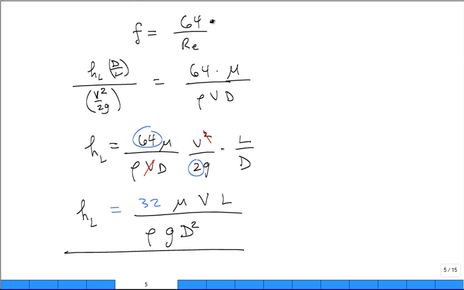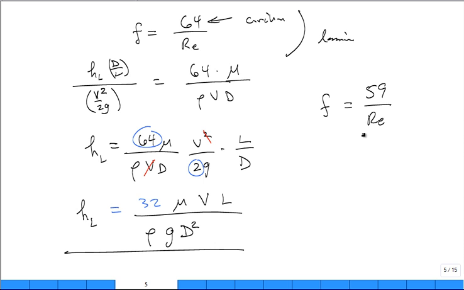And this whole equation is for laminar flow. If you have laminar flow in, let's say, a square or something else, maybe it's 59 or 58 over the Reynolds number. Or if they have a whole table of them, an ellipse with a certain ratio, they'll give you that constant value. It'll be maybe 55 or 52 or 48. It won't be 64. But if it's a round pipe, the constant is 64.